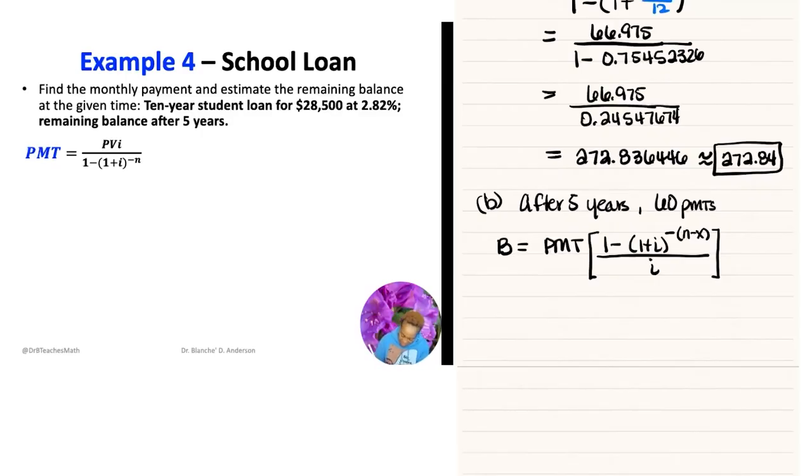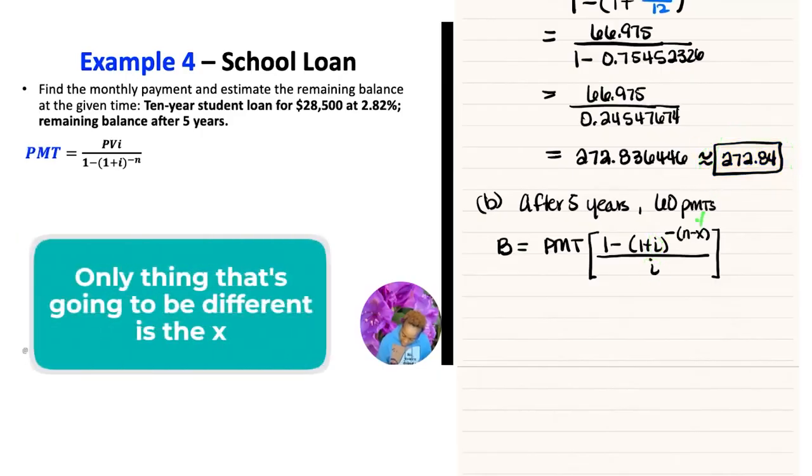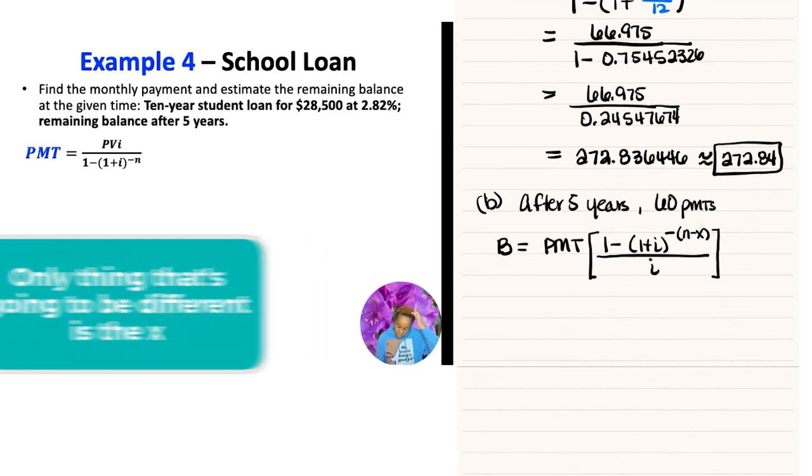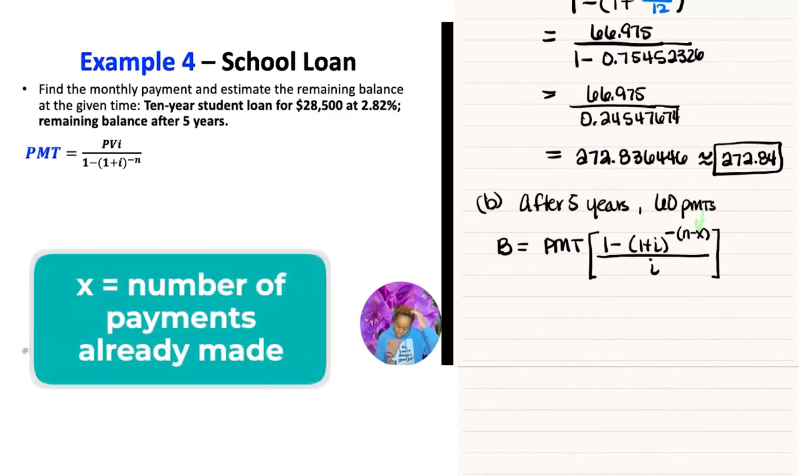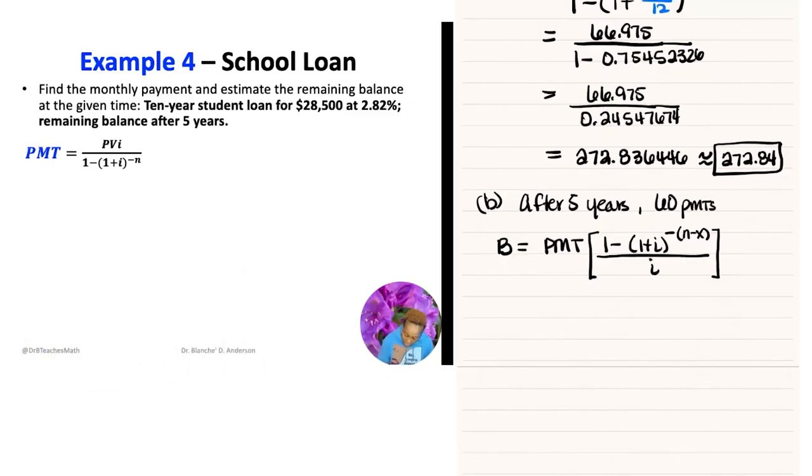We know our payment's not going to change. We have our payment right here. We know our I because we already calculated. The only thing that's going to be different is the X. So the N is what you started with, and the X is how many payments that you've already made.